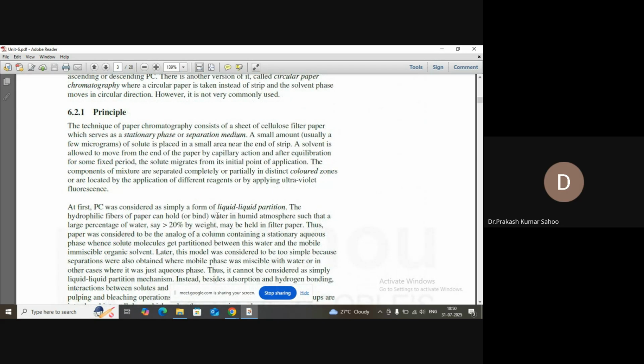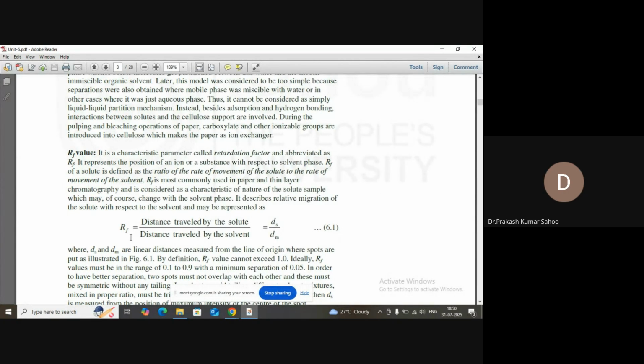And here the principle is the liquid-liquid partition or distribution of the liquid states, and this is the retention factor, that is the distance traveled by the solute, the component, divided by the distance traveled by the solvent, that is ds by dm.